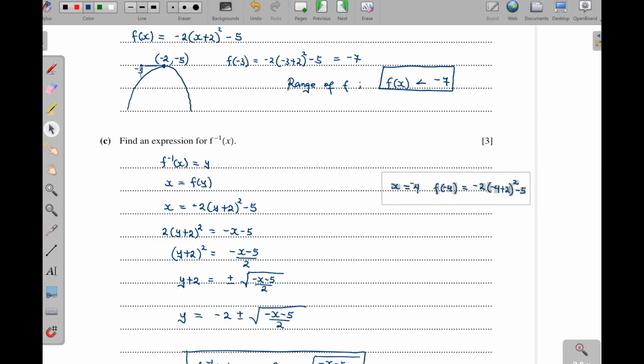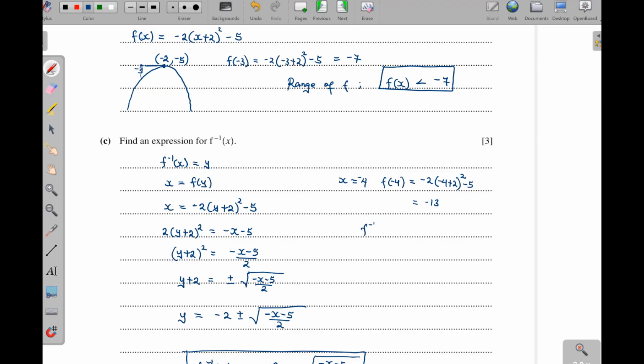You see that? Which value do we get here? This one gives us negative 2 squared, that is 4, then 4 times negative 2 will be negative 8, minus 5, that one will give us negative 13.